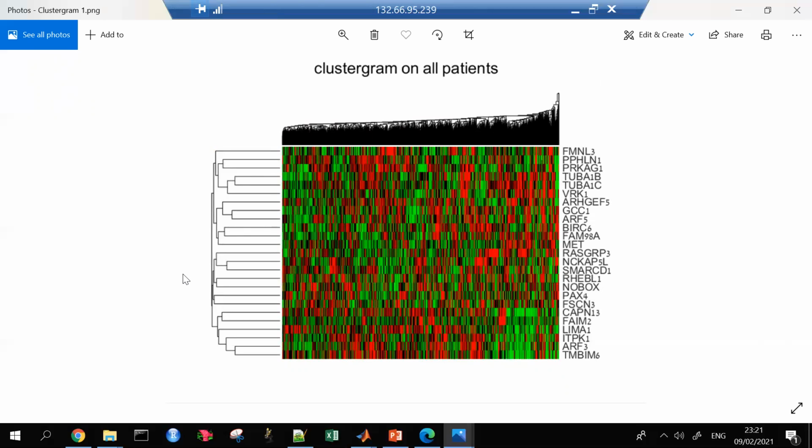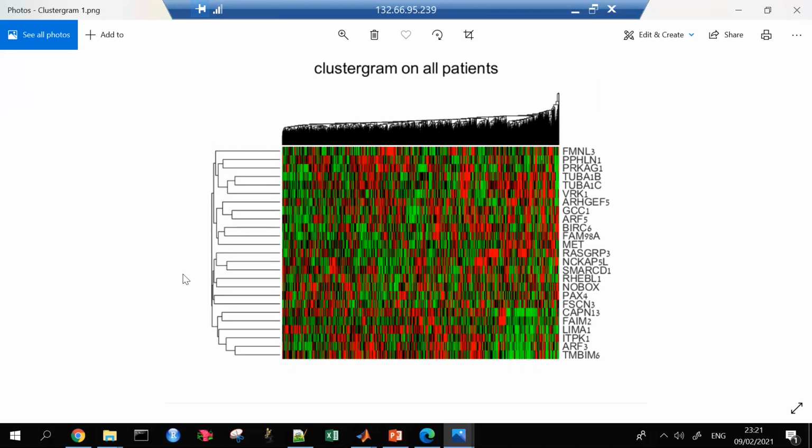And here, in this calculation, we also have some graphs which are not summarized in an Excel table. For example, this clustergram.